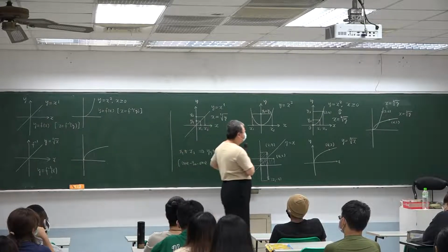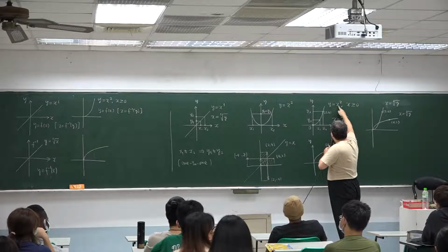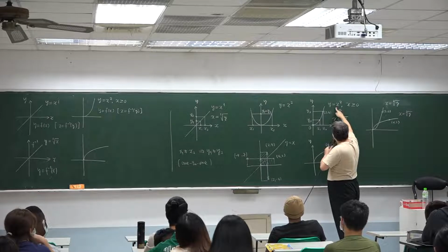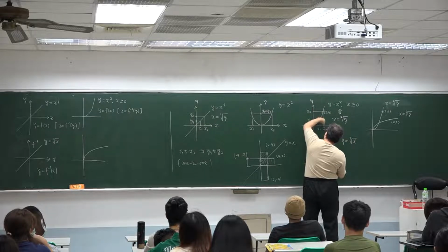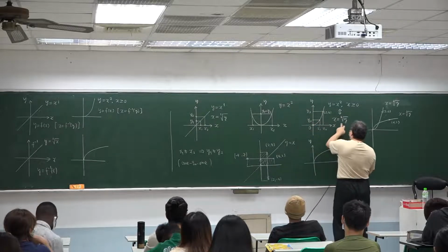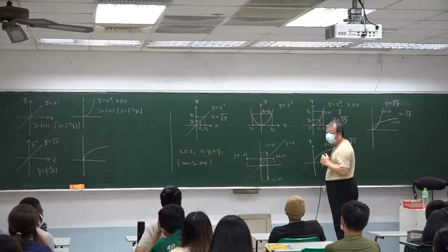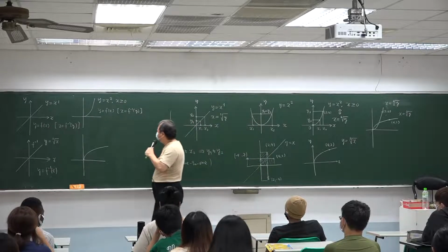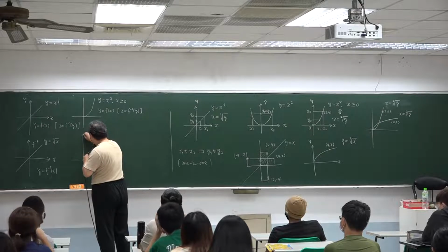Here, 2 squared is 4. Then the square root of 4 will be 2. They are the same meaning if the x is negative. Later you will maybe see more examples.